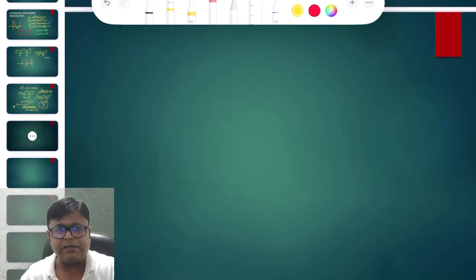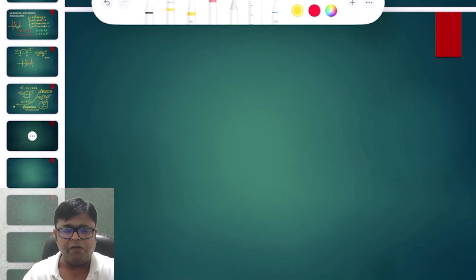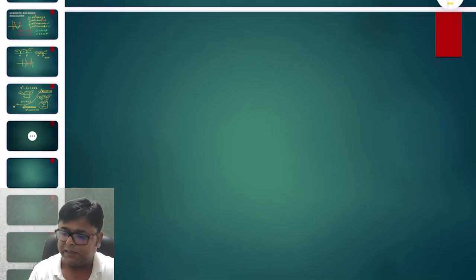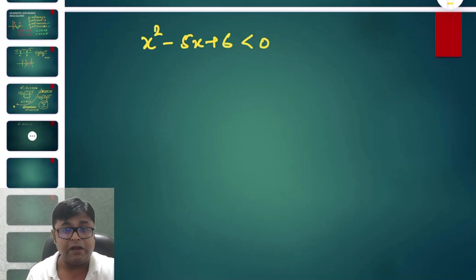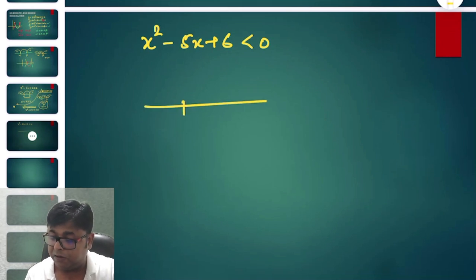Okay, now let's test whatever we have studied in quadratic inequality through questions. For example, suppose I have x square minus 5x plus 6 less than 0. So I know it's a cup-shaped curve, and for this first I'll calculate the roots. Roots are pretty clear, they are 2 and 3.